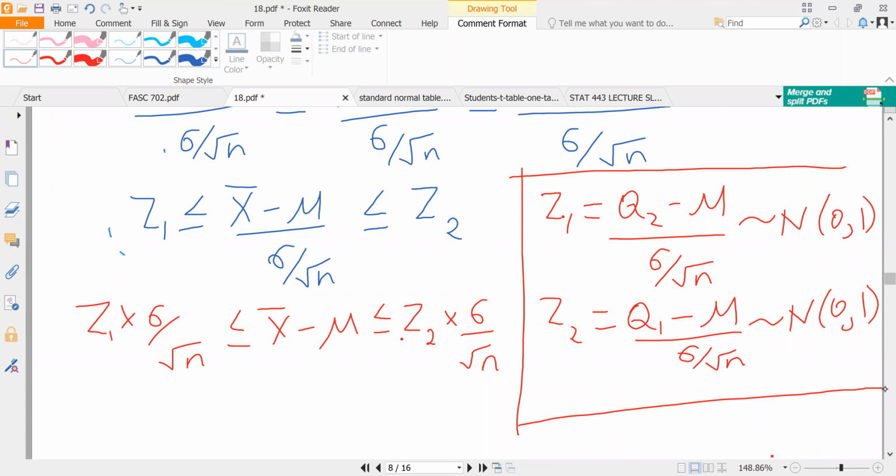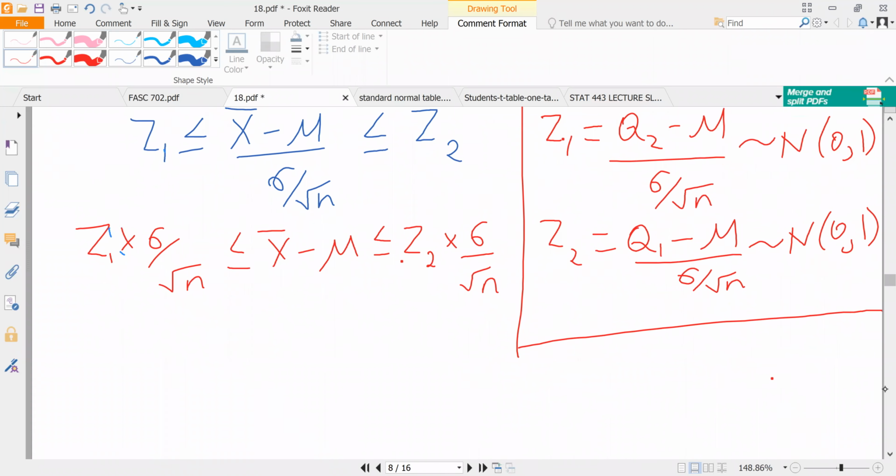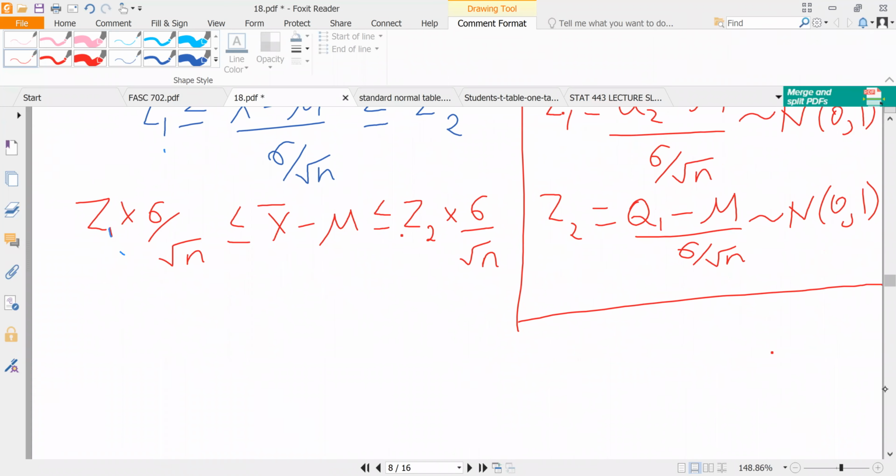That is the first step. Because we are interested in the confidence interval for the population parameter mu, we just need to make mu the subject.